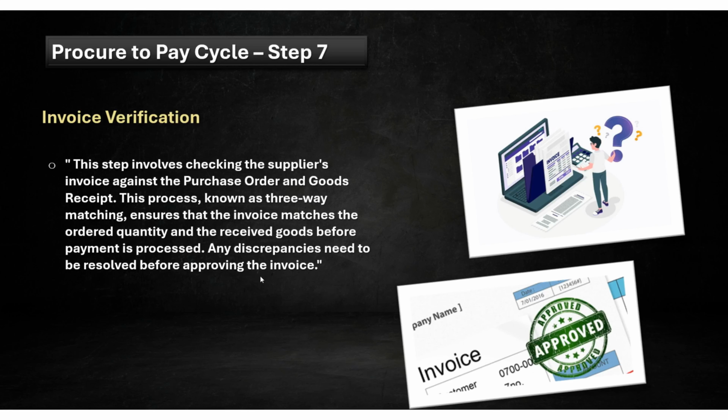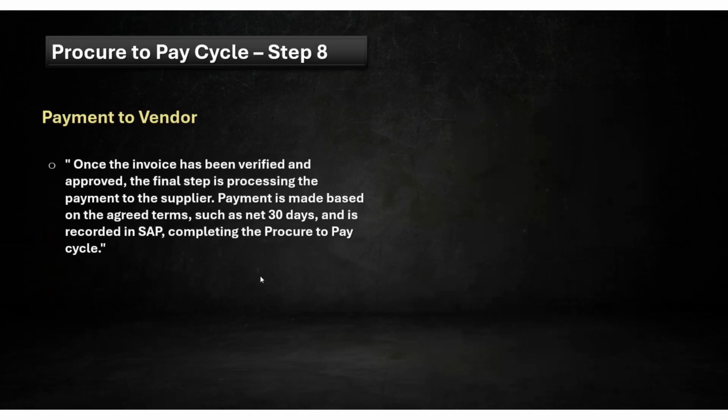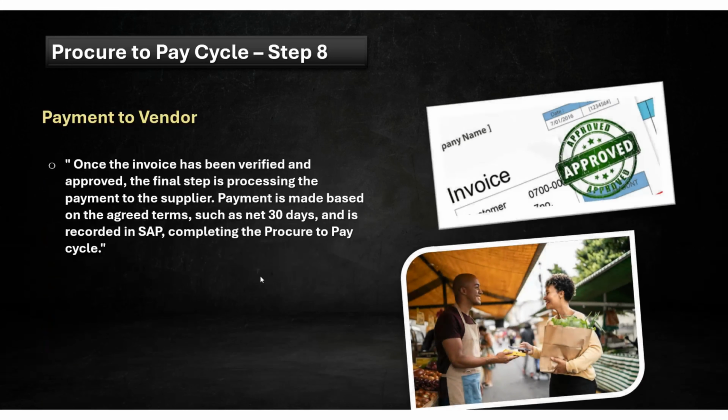Okay. Now, moving on to the next stage, payment to vendor. Finally, after everything has been checked out, we proceed to payment to the vendor. Now, this is the last step in the P2P cycle, where we process the payment based on the agreed payment terms, whether it's an immediate payment or within 30 days.